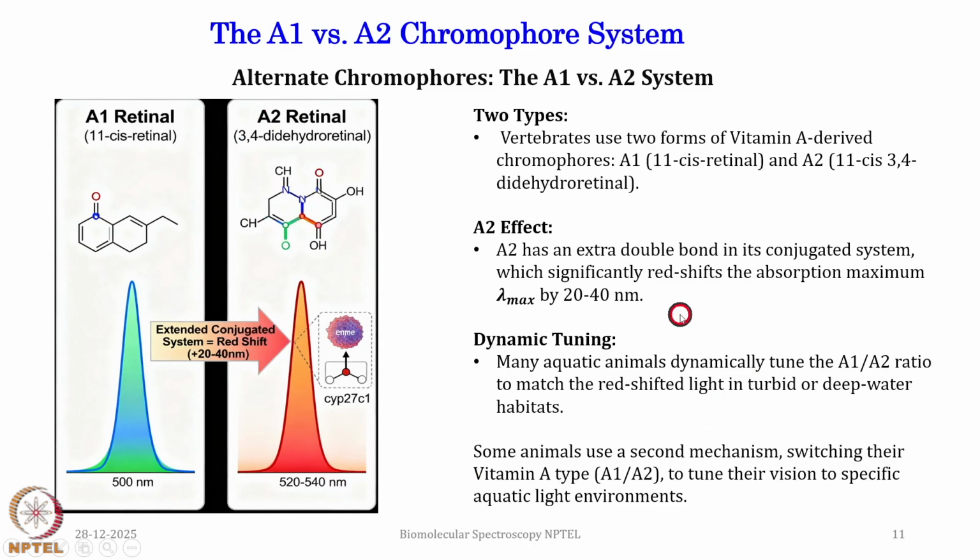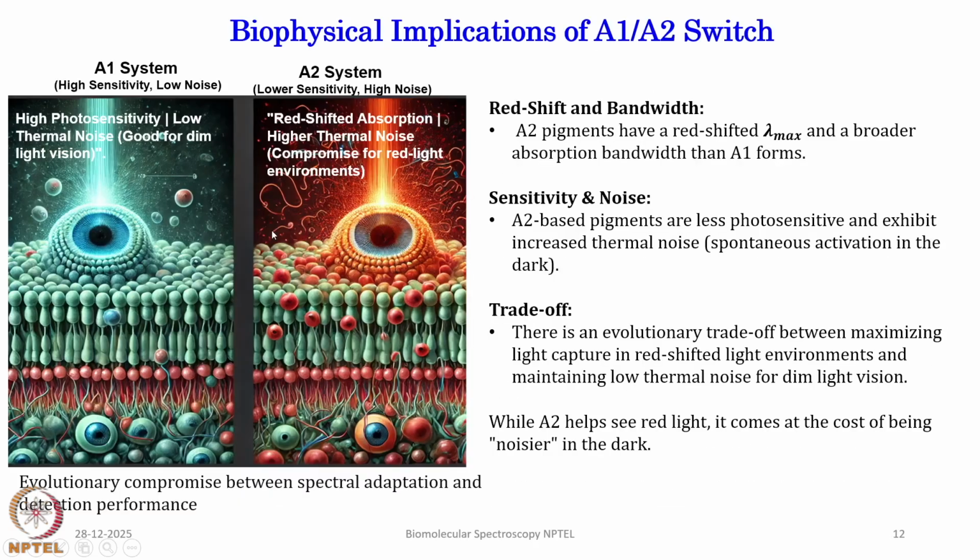So, some animals use a second mechanism, switching their vitamin A type, A1 or A2, to tune their vision to a specific aquatic light environment. That fine tuning is not only done by the protein and changing its environment, but also by a little bit of tuning of the chromophore. The larger pi conjugation system helps in fine tuning the chromophore. So, that is what it has.